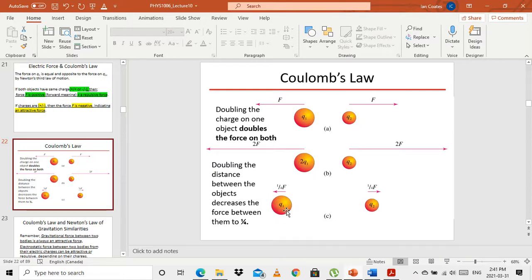You'll remember, if I double the distance, it's the inverse square. So double 2, and then you drop it below the line, 1 over 2 squared, so if you double the distance, the force drops to 1/4. If I triple the distance, the force drops to 1/9. Remember that one?